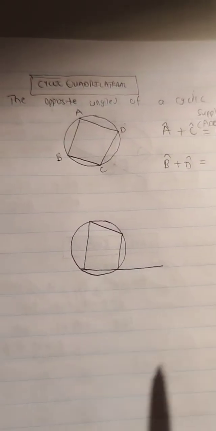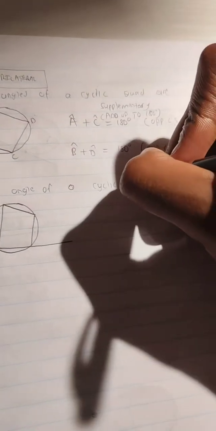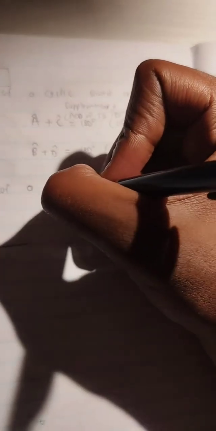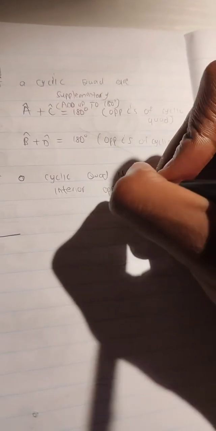Yes, this theorem says the exterior angle of a cyclic quad is equal to the interior opposite angle.